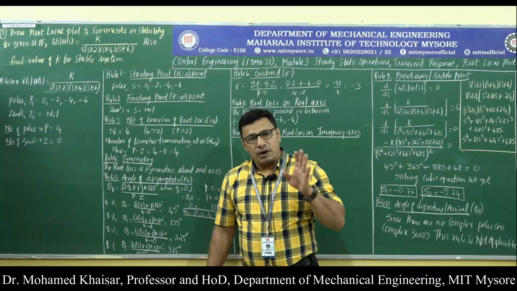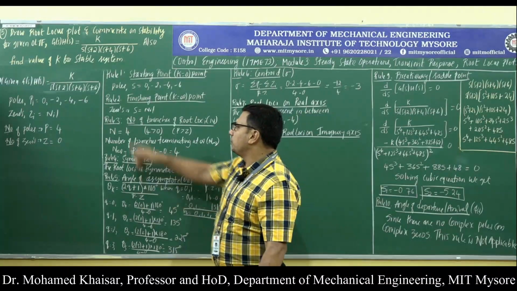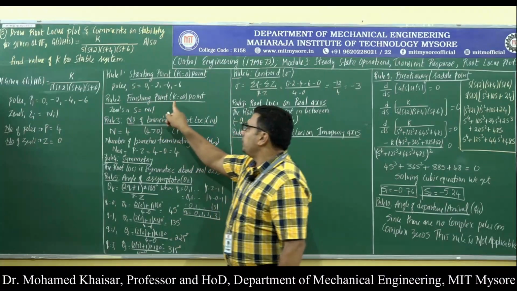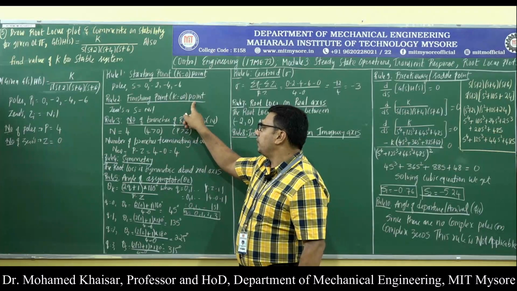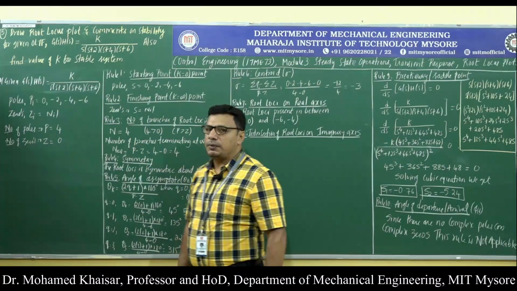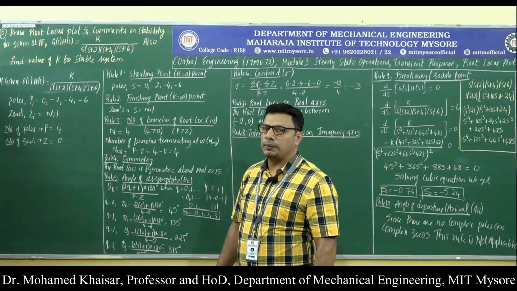That also means we will have 4 terminating points, 4 finishing points. Rule number 2 is about finishing points, also known as K equal to infinity points. We know there are no finite zeros in the given open loop transfer function.